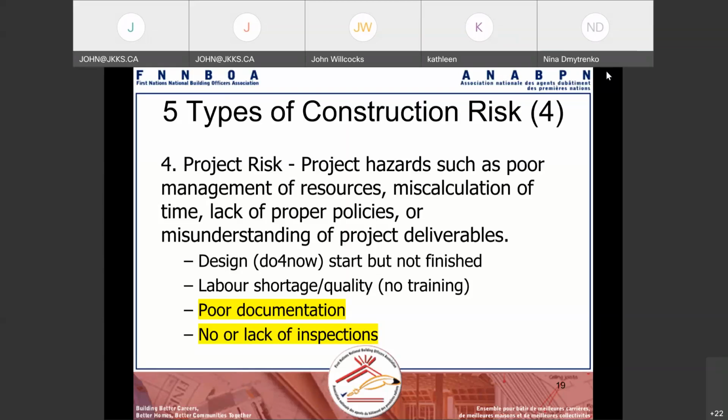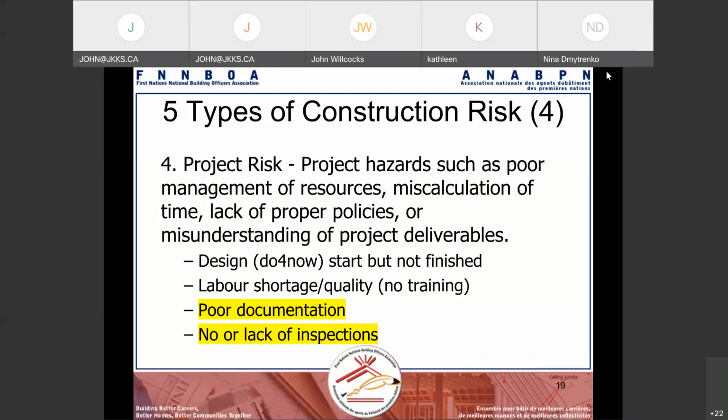Another big project risk is labor shortage and quality of the contractors. There's no training. One of the big issues that we talk about under our procurement discussions is poor documentation. For example, the technical specifications were not clear, and the goals of the project were not clearly stated.